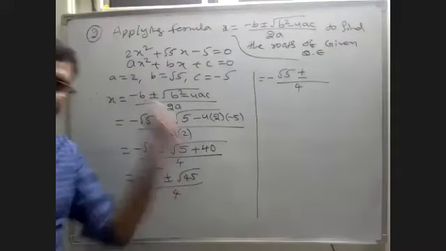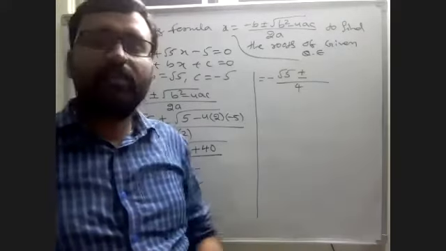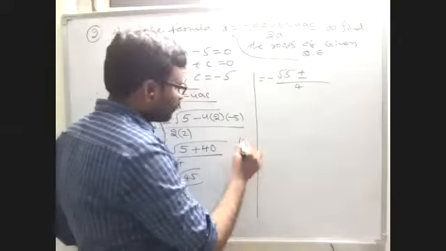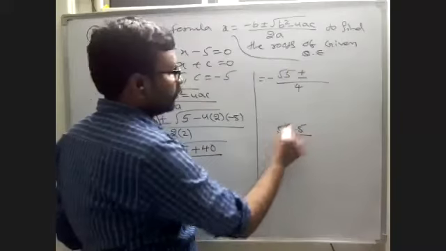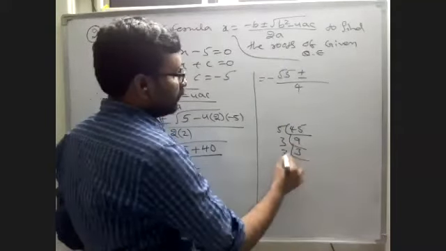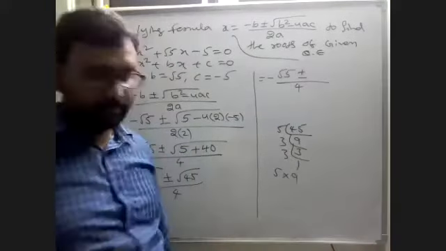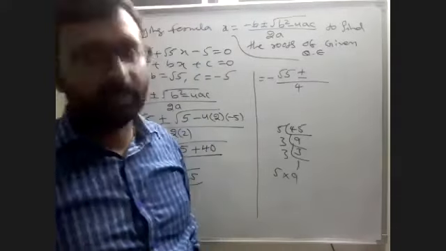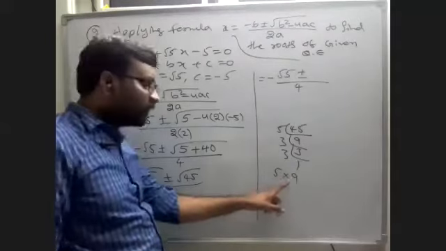How can we write 45 as the multiple of one perfect square term? Do like this, LCM. 45. 5 nines are 45, 3 threes are 9, 3 threes. 1. 5 into 9. We can write 5 into 3 into 3. Yes, sir. Why are we writing 5 into 9?